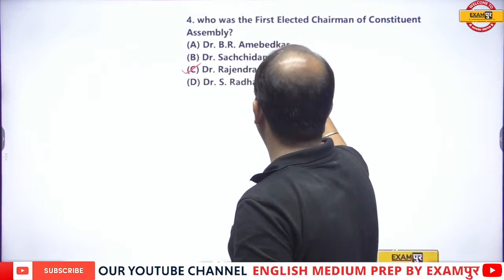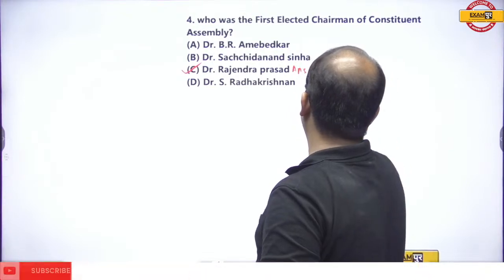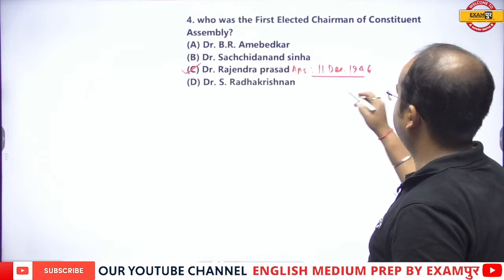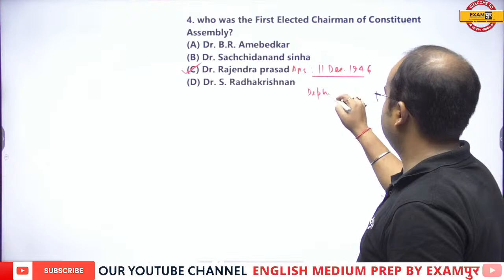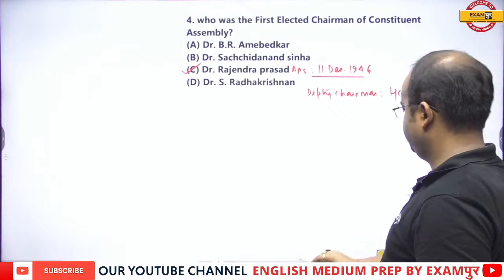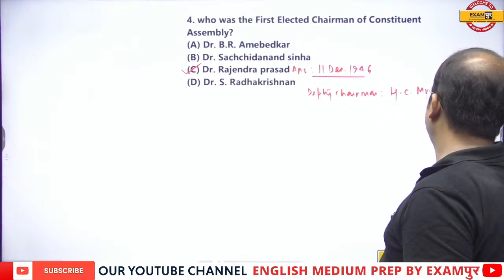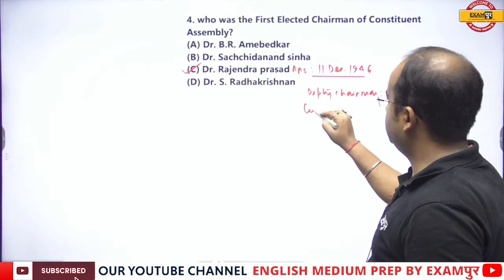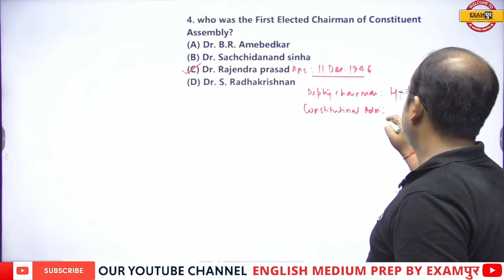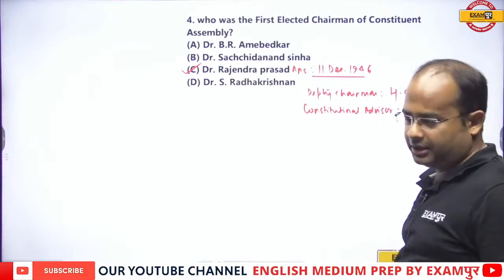He became the chairman on 11 December 1946. The deputy chairman was H.C. Mukherjee, Harendra Kumar Mukherjee, and the constitutional advisor was B.N. Rao, Benegal Narsingh Rao.